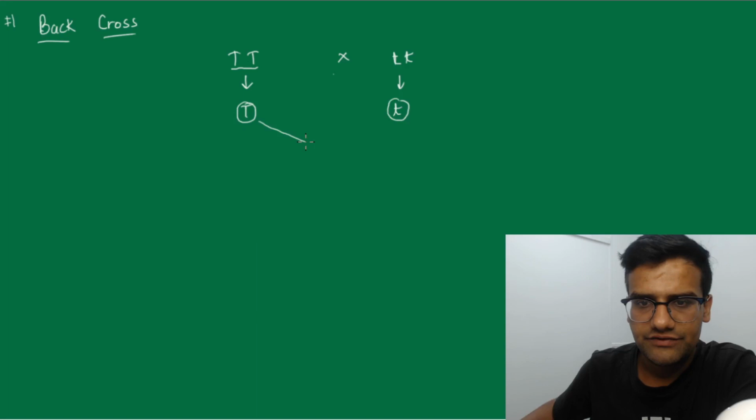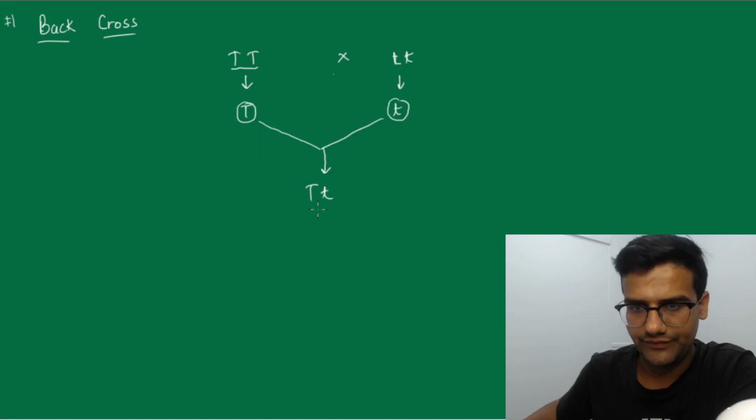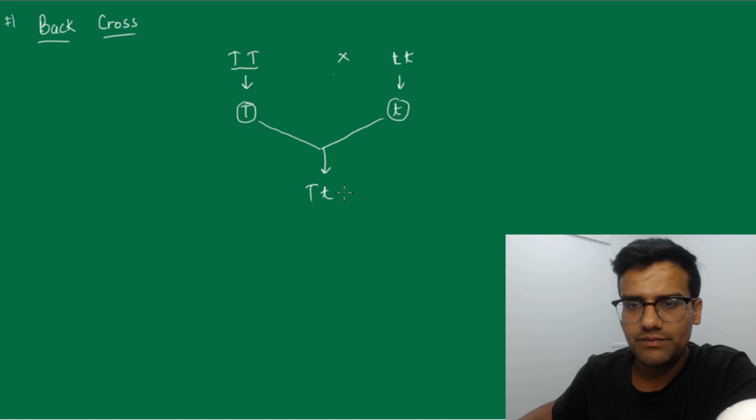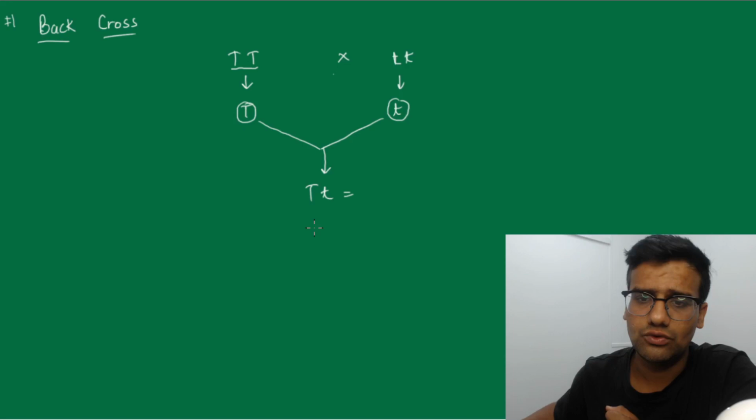In the F1 generation, when these gametes mix, they produce a heterozygous generation. All the plants in this generation are heterozygous tall.